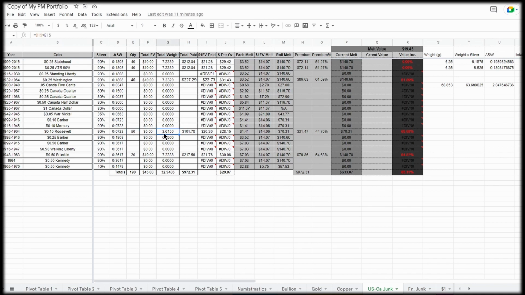Based on the actual silver weight, 0.723, the total silver in this roll is 3.6 ounces. For this roll, we paid $101.78.